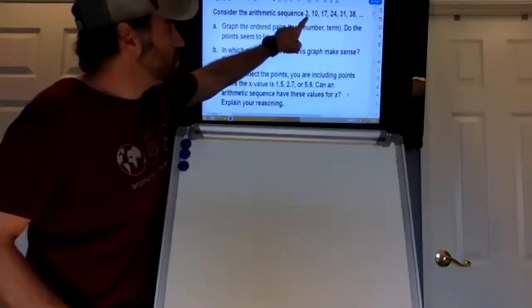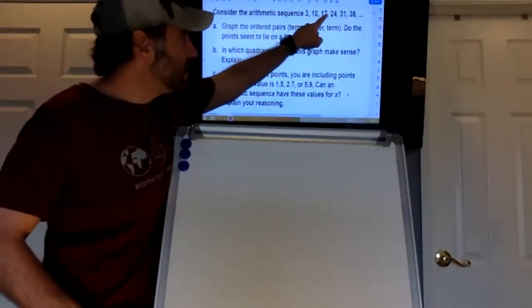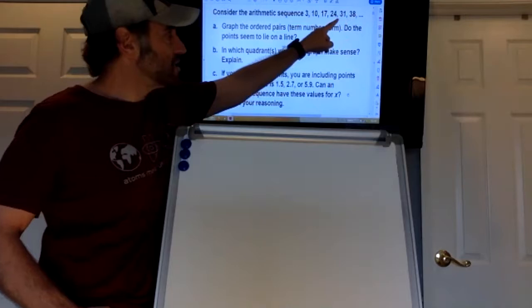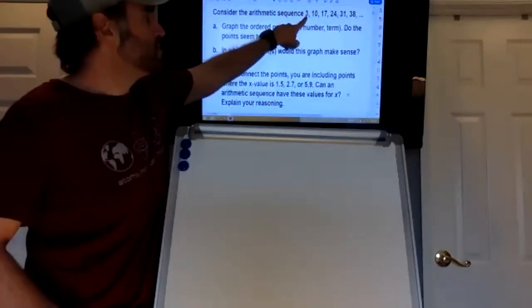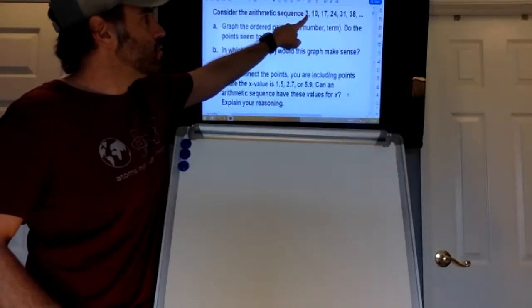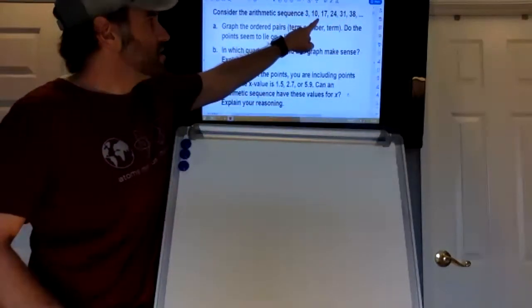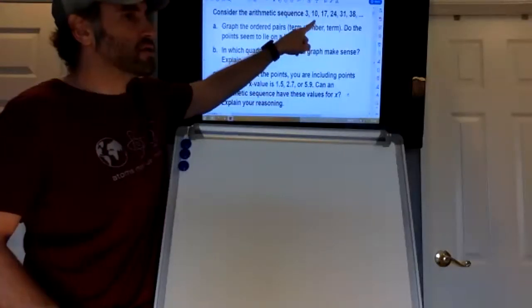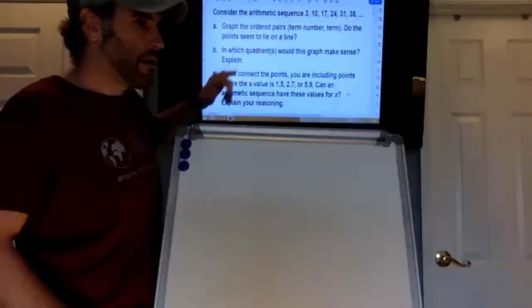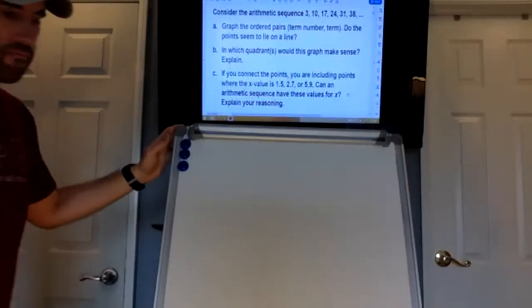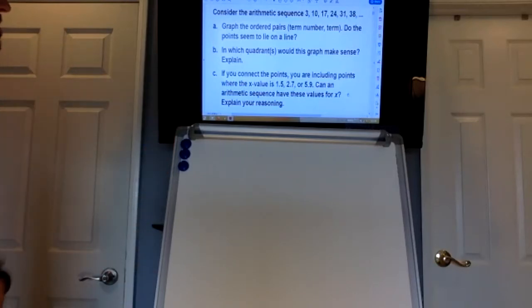The term number for this one is 1, 2, 3, 4, 5, 6, because that's the first term. So the term number is 1 because it's the first one. This is the second term in the sequence, so the term number is term 2. Got it. Then the term itself has a value.